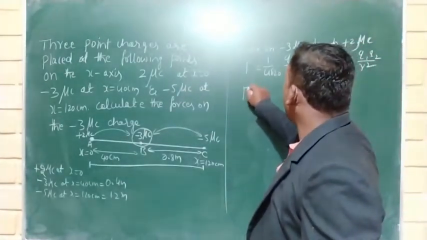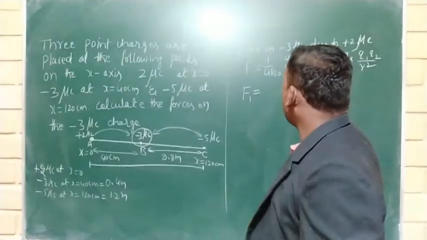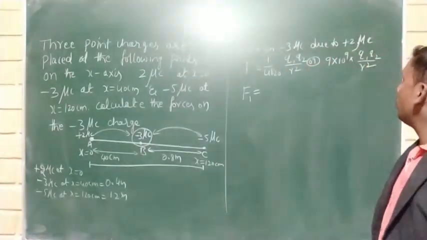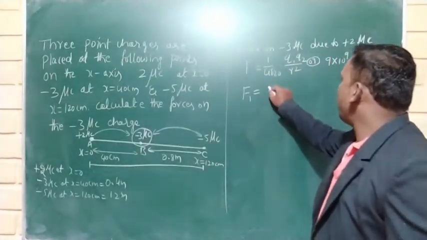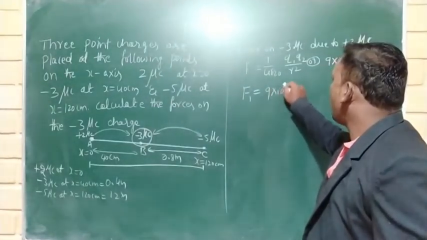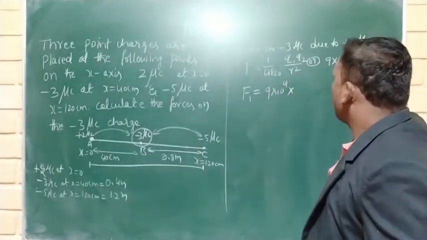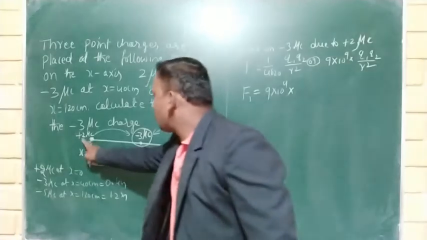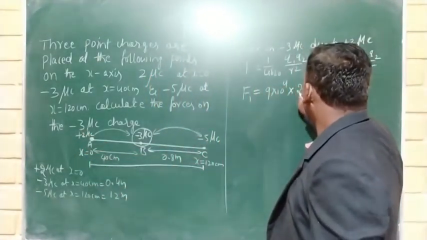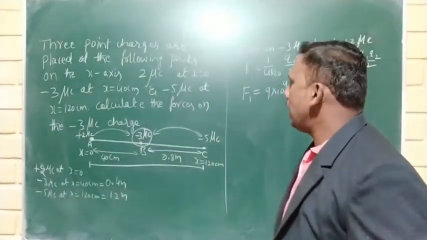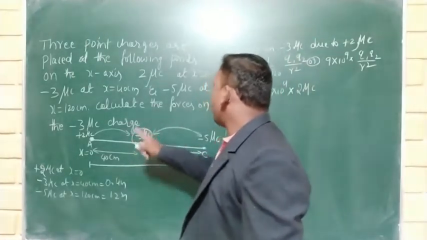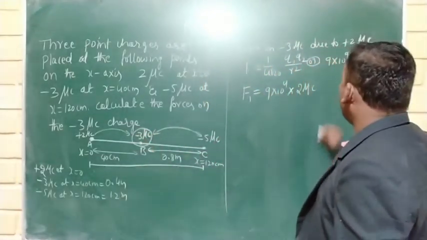F1, the force on the minus 3 microcoulomb charge due to the plus 2 microcoulomb charge, is given by 9 into 10 to the power of 9 into Q1, which is plus 2 microcoulomb, and Q2, which is minus 3. We take only magnitude.